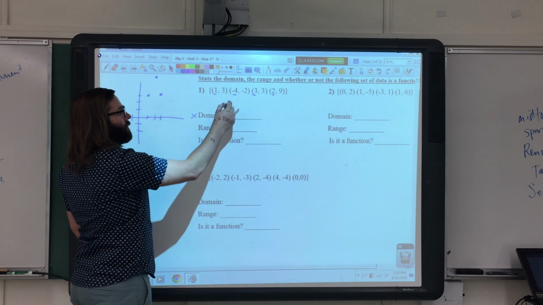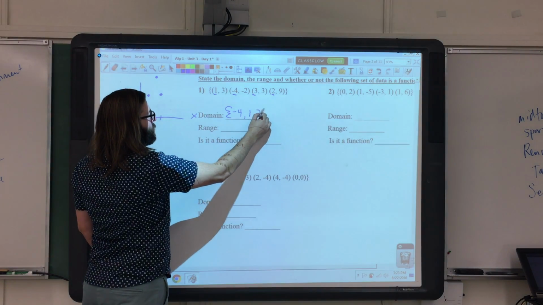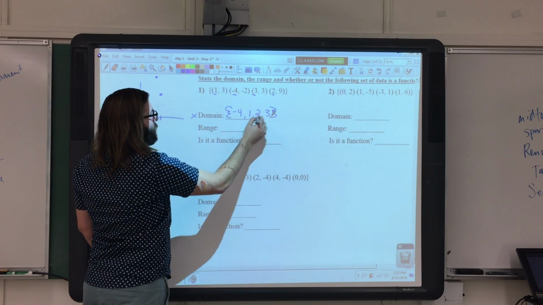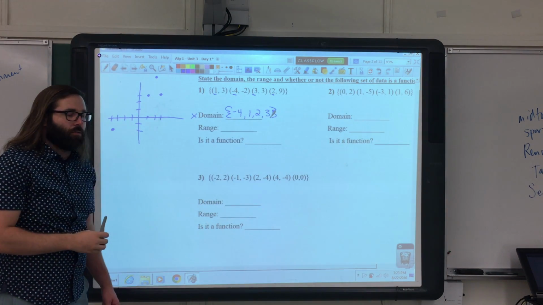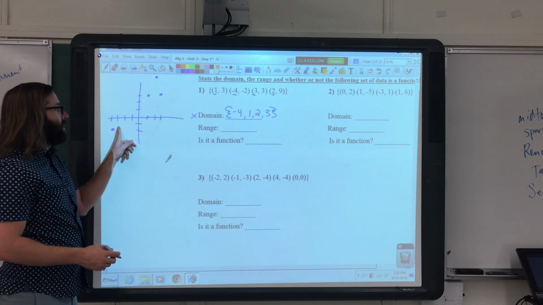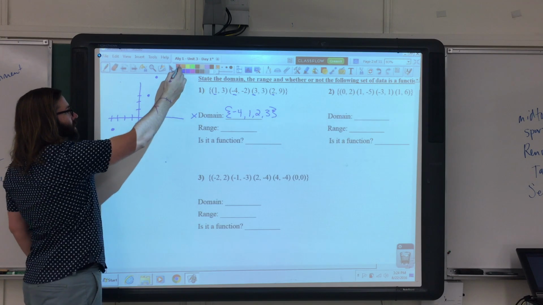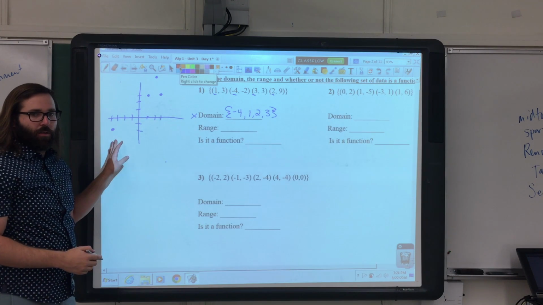So we have -4, 1, 2, 3. And there you go. Okay? That is your domain. There can be no other x values because there's nothing connecting here. Okay?